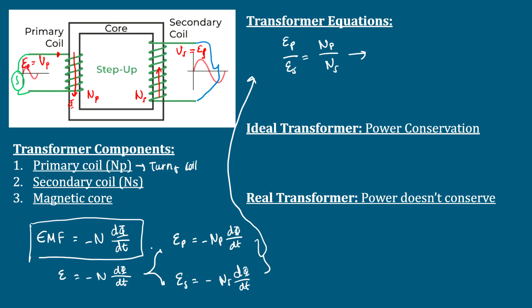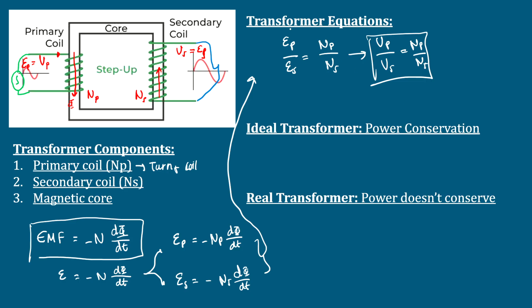And as we know, epsilon p represents the voltage, so epsilon p can be replaced by Vp, or the voltage of P, and it goes the same for the secondary one. So we have this. I hope you got it.